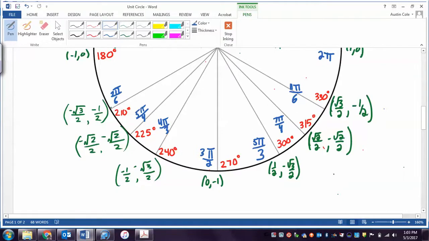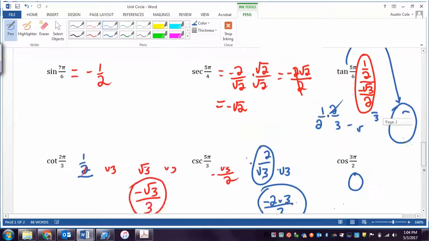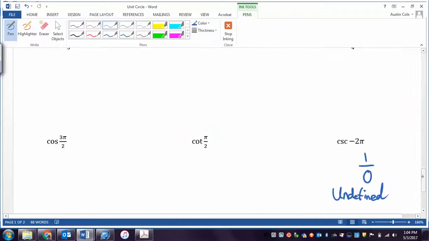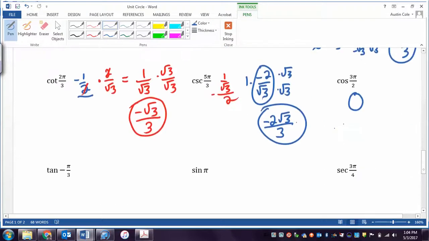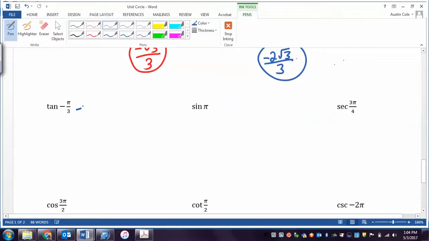So here's our point. And you said it was tangent, right? Tangent is y over x or x over y? Y over x. So we're going to have negative square root of 3 over 2 over 1/2.